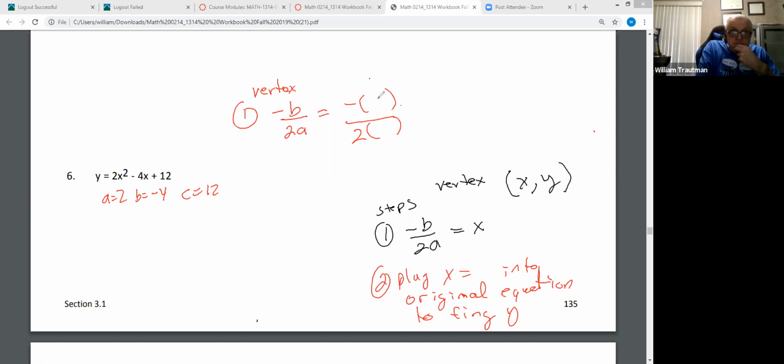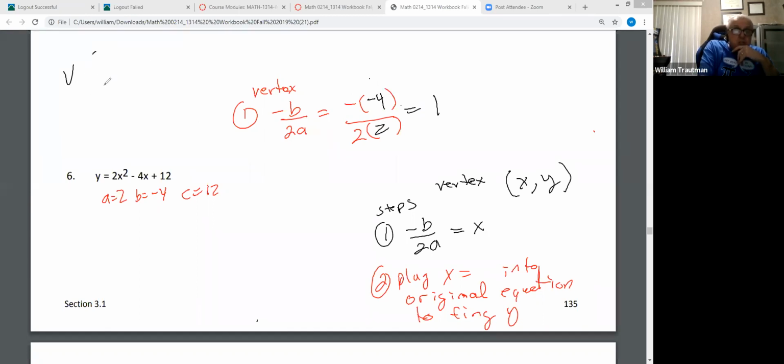B is negative 4. I have to put the negative 4 in that spot. There's a negative in front of it, but I have to put the negative 4 in there. And a is 2. When I put that in my calculator, negative times a negative is a positive, so it's 4 divided by 4. I get 1.